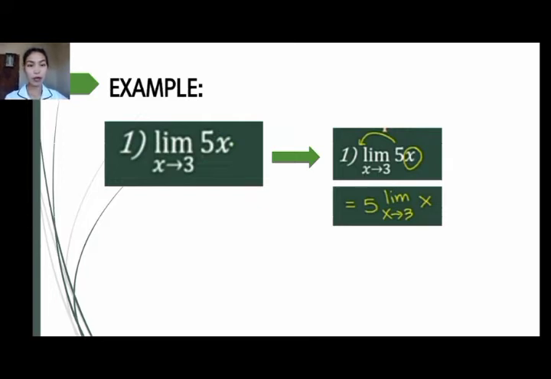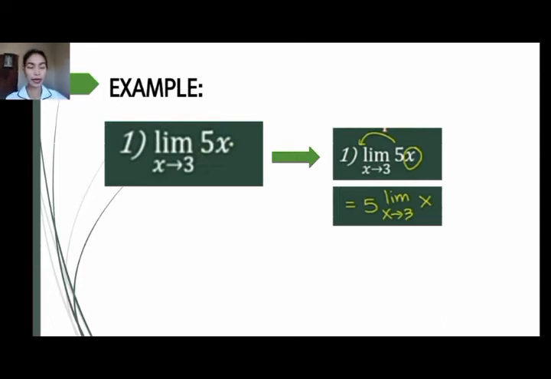We have to put 5, our constant number, outside of our limit in order to simplify the function. Now, for the limit of x as x approaches 3, we can proceed to applying what rule? Of course, it is the identity rule.